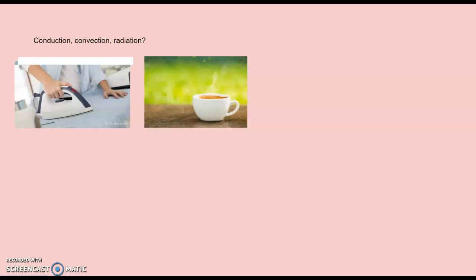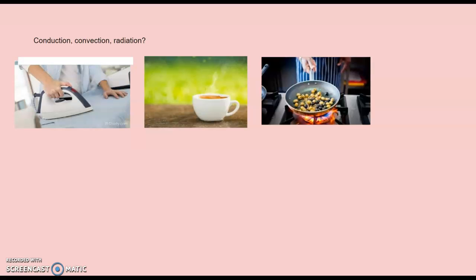Direct contact. This cup of coffee has the warmer particles kind of rising on their own. So that would be an example of convection. If I was to touch that cup of coffee and I would feel that heat, that would be an example of conduction. Here, the fire heating up the pan would be radiation, right?